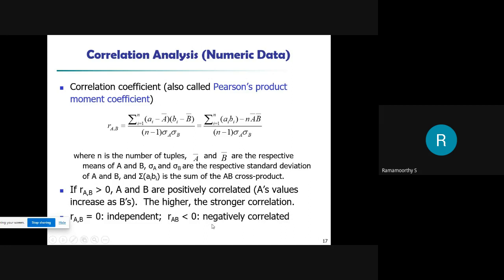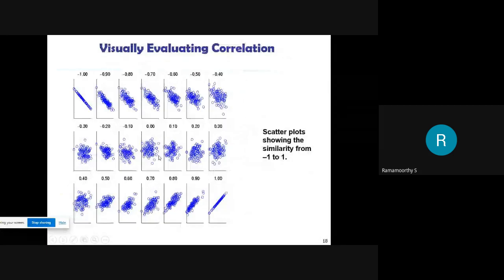If you take a negative correlation, the value of the correlation coefficient is less than 0. So based on this computation, you can conclude whether it is positive correlation, negative correlation, or independent. But you need to compute the coefficient, that is, the correlation coefficient value.